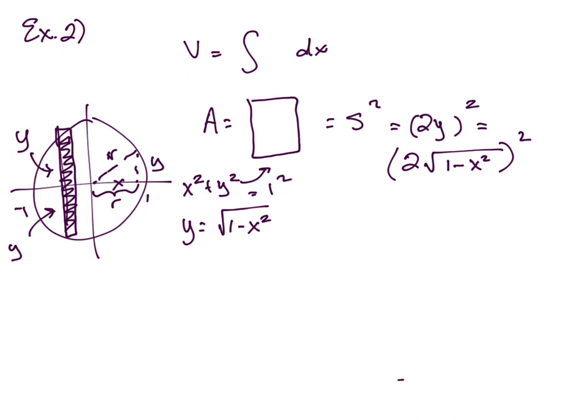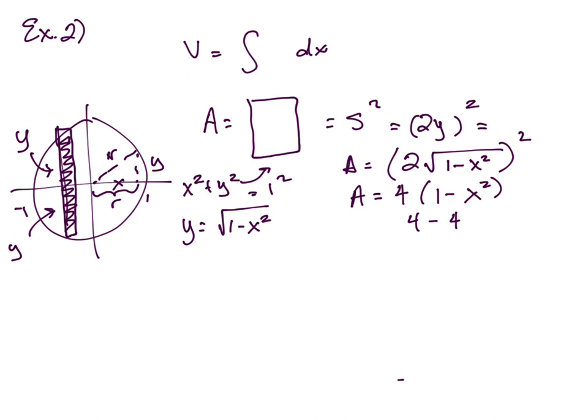We got about 5 minutes to wrap this one up. When I square a product, I square both pieces of the product. So this would be like 2 squared, 4, times the square root of the stuff squared, which is going to be 1 minus x squared. There, it got rid of it. I would distribute the 4.